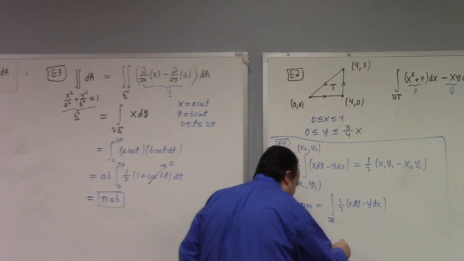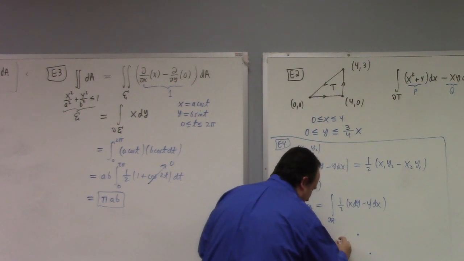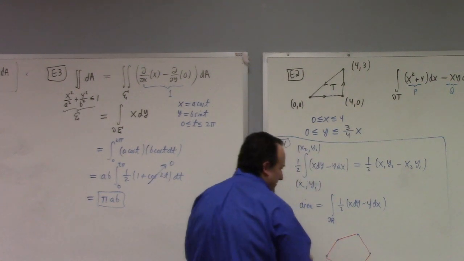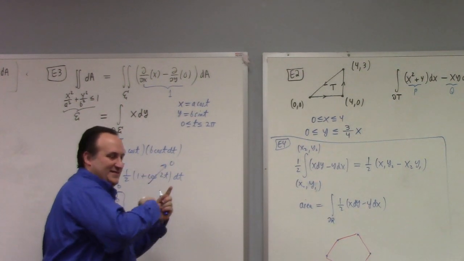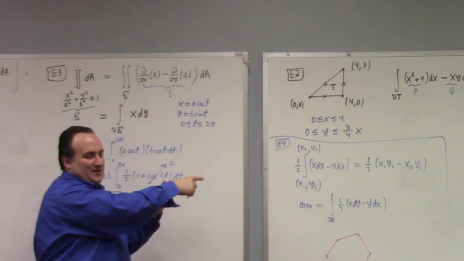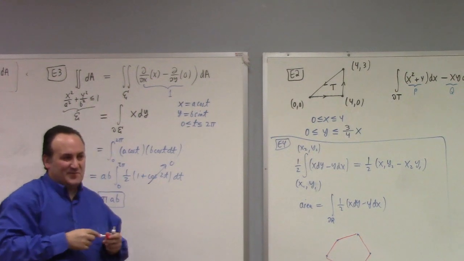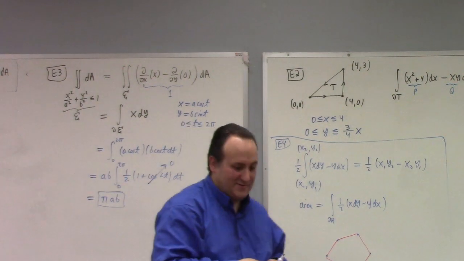So if your region is like a regular polygon, if it's got flat sides and line segments like that, you can just add those up as you go around the polygon, and you can get the area of a polygon by taking sums of these things. There's like this super sneaky formula for the area of a polygon just by this particular addition of the corners. This to me is one of the most sort of dark, mysterious applications of Green's theorem, but it's very cool.